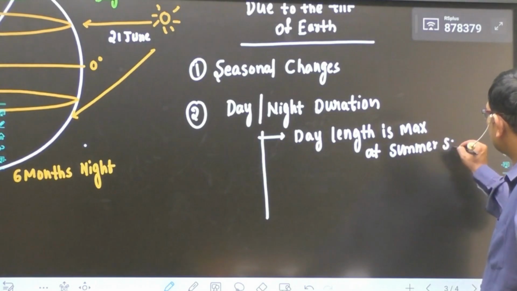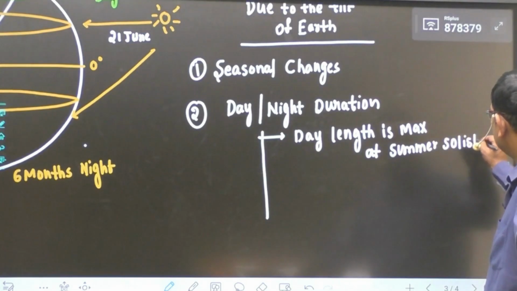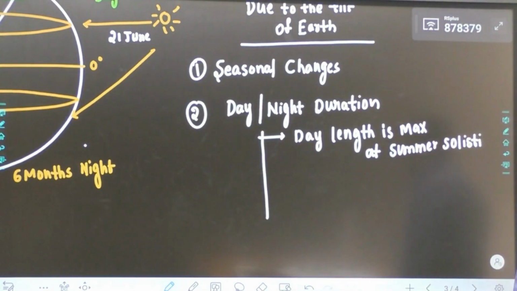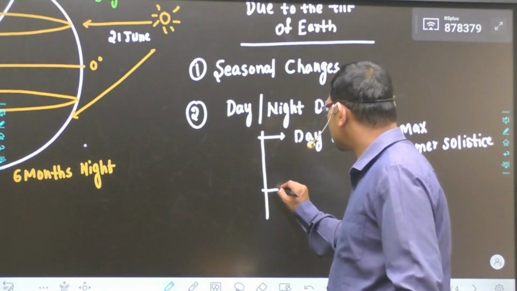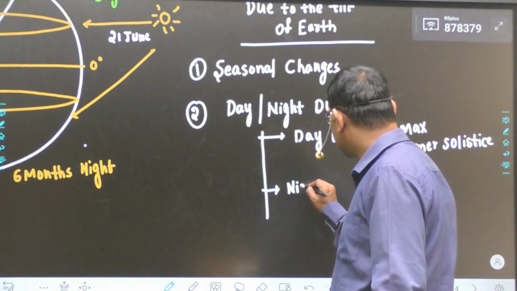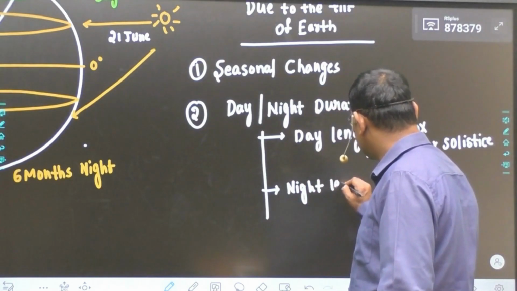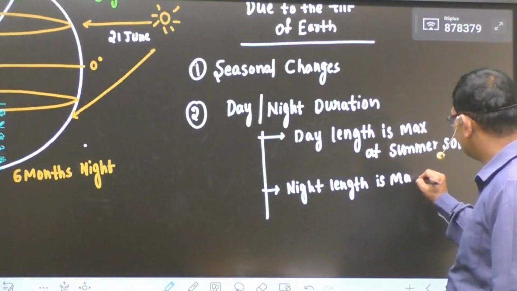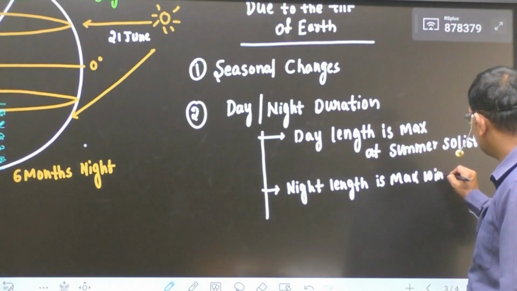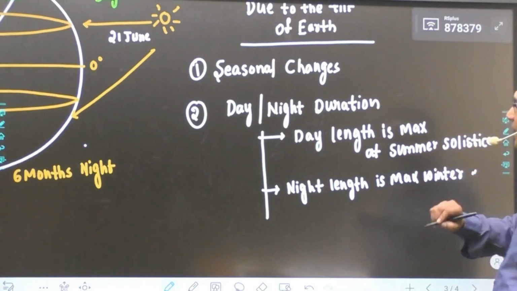And night length is maximum at winter solstice. Am I right?